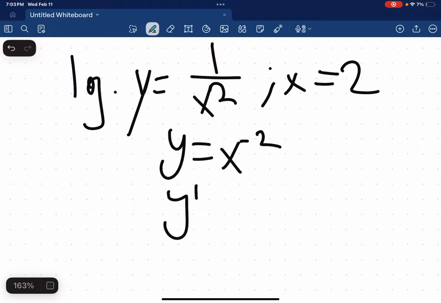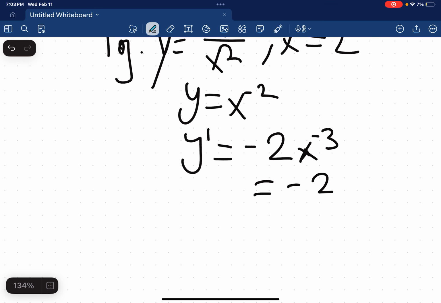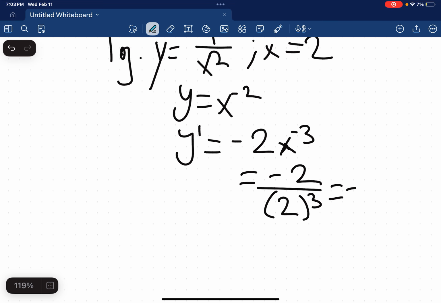Using the power rule, we're going to get negative 2 x to the negative 3, which is then going to be equal to negative 2 divided by 2 to the 3. 2, 4, 8.